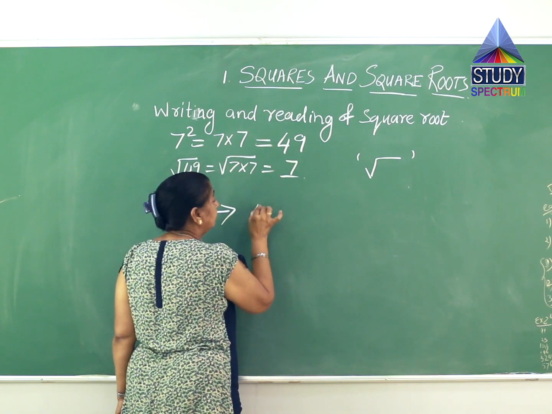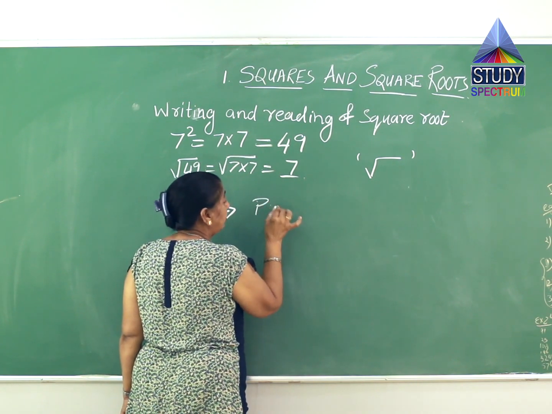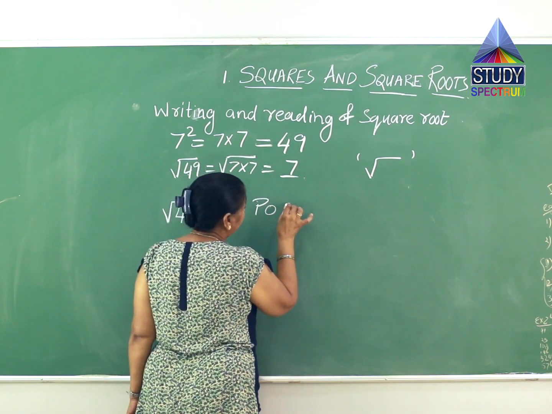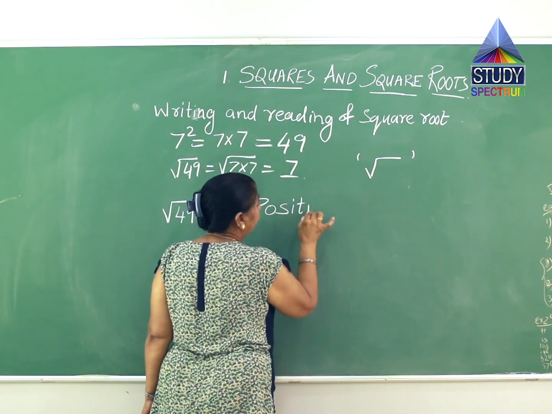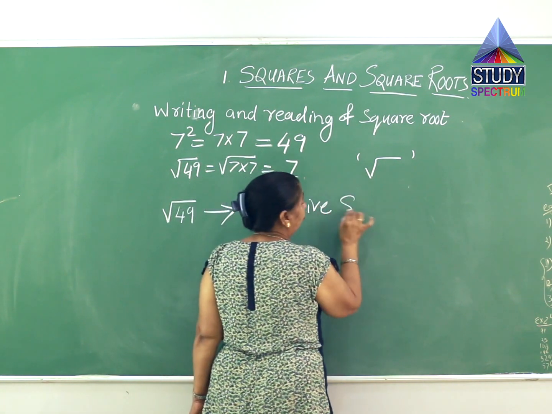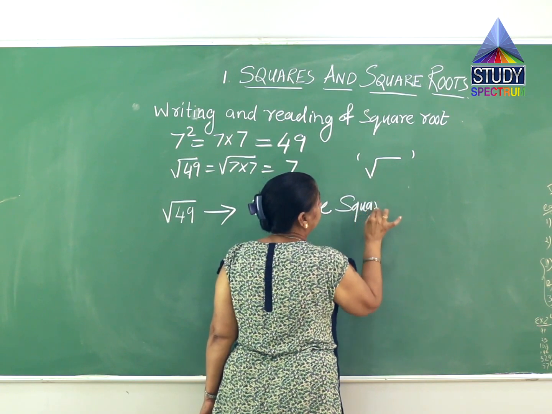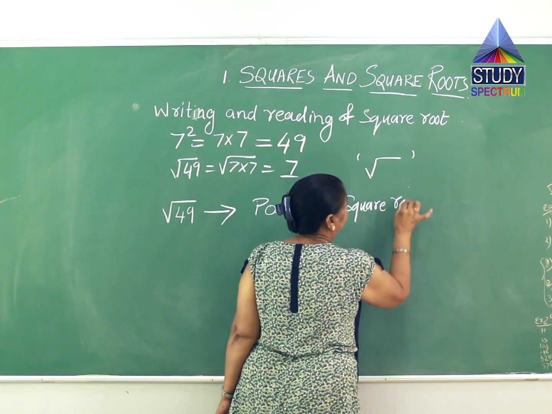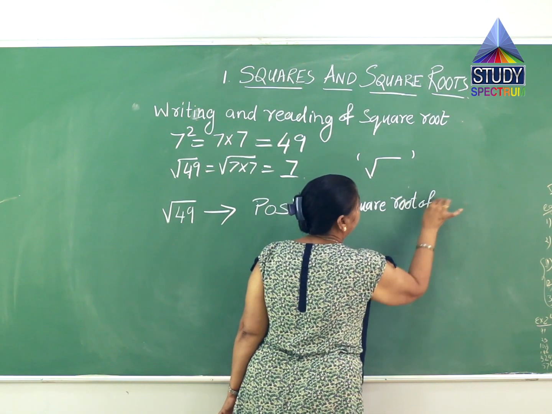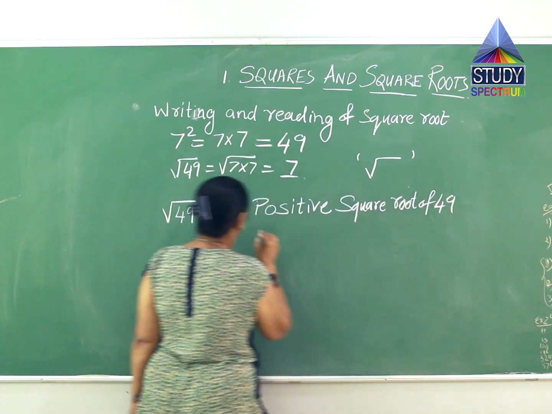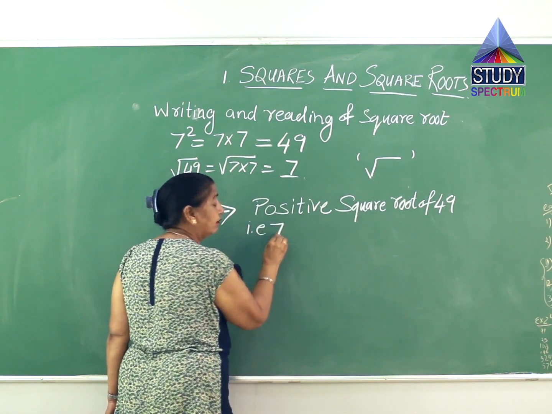I can read it like this: positive square root of 49, that is 7.